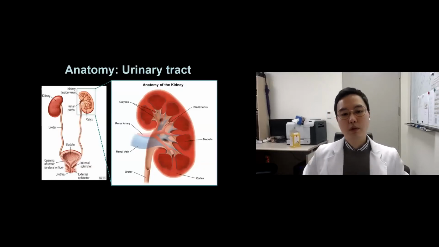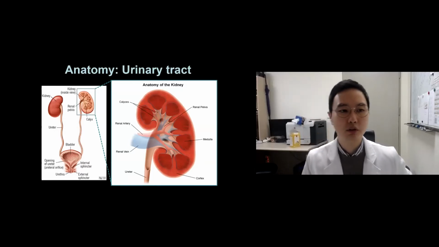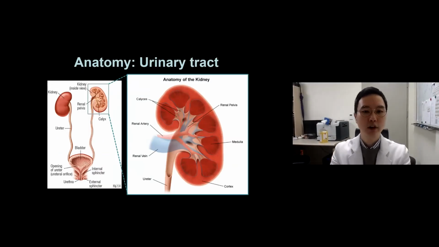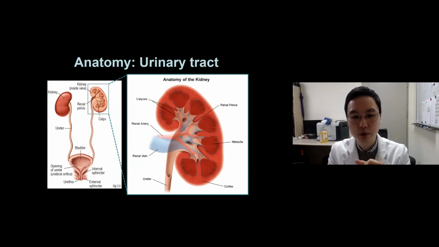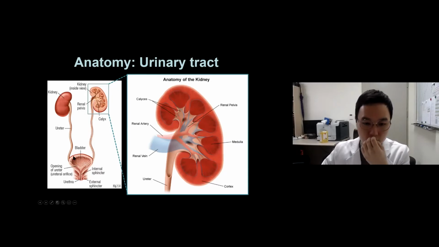Okay, so before moving on to the imaging, I would like to introduce the anatomy of the urinary tract. The urinary tract is the body's drainage system for removing urine, which is made up of waste and extra fluid. It includes two kidneys, two ureters, a bladder, and a urethra.